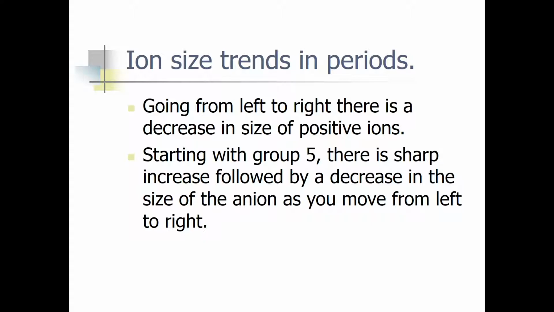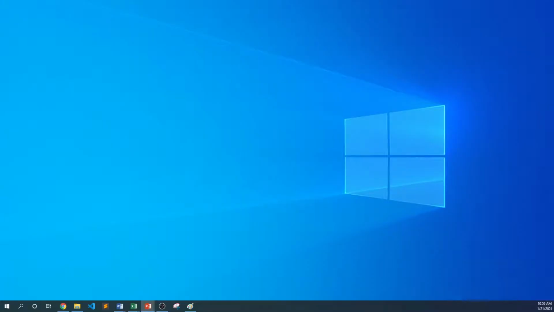So starting in group 5, there is a sharp increase followed by a decrease in the size of an anion as you move from left to right. What's an anion? It's been a while since we talked about this.